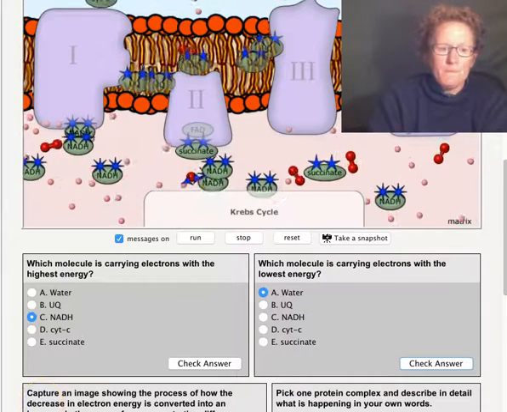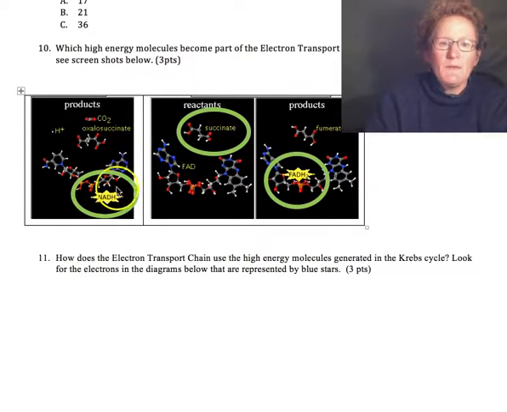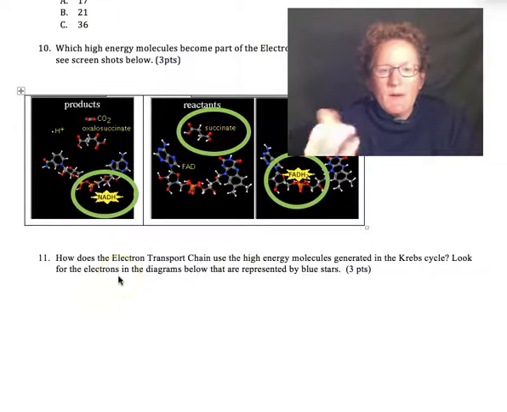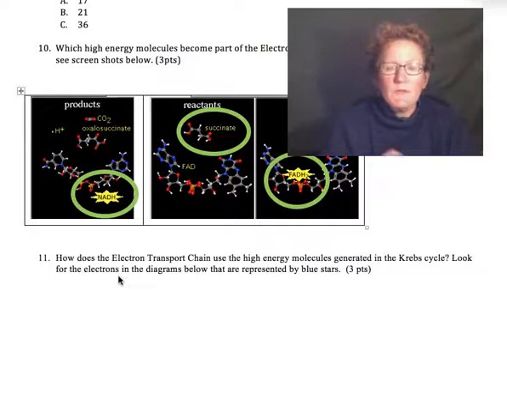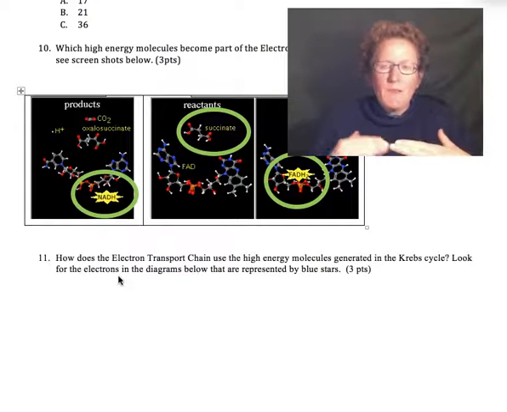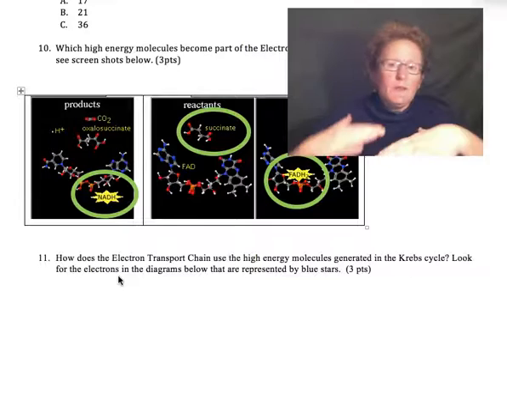Let's go back to the lab sheet for a moment and kind of catch up. We saw which high energy molecules become part of the electron transport chain. And now we have to think about how the electron transport chain uses those high energy molecules generated in the Krebs cycle. Remember, we looked at the electrons kind of being traded around, those blue stars, and the electrons were losing some energy, but that energy was being transformed into an electrical potential.